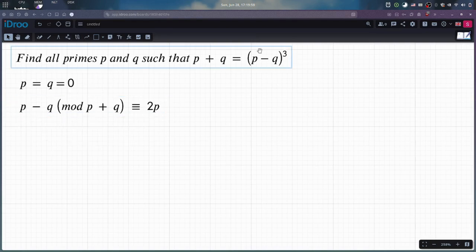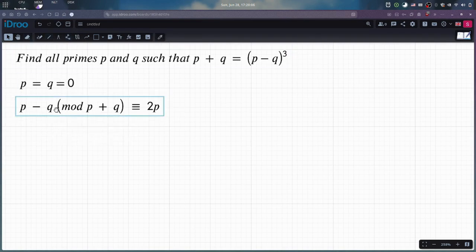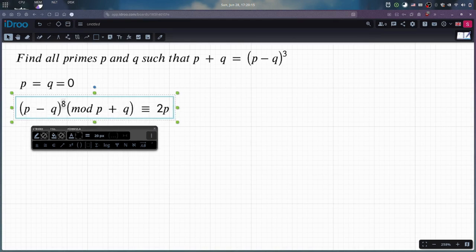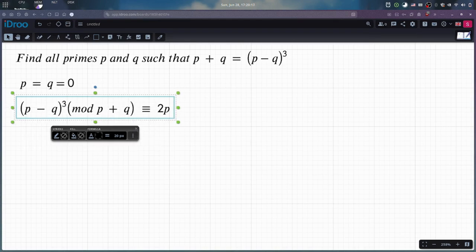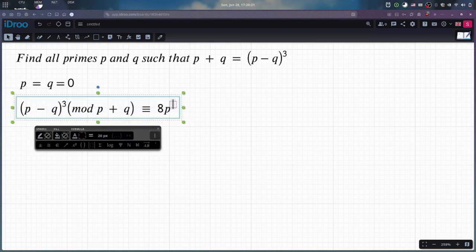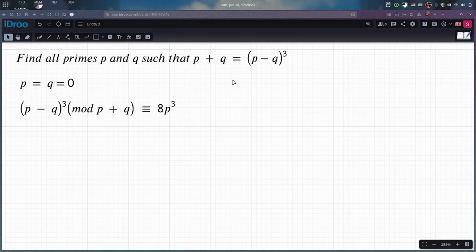So that makes sense, right? Also, we actually want (p minus q) cubed, therefore we can cube both sides. Let me do it right here. Here, (p minus q) cubed, and here this will become 8p cubed. That makes sense, right?